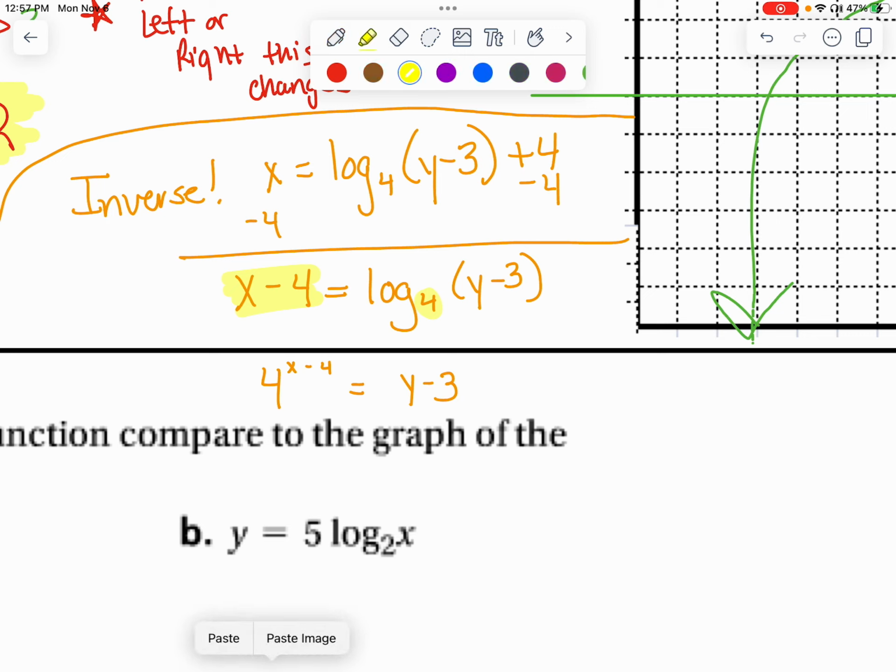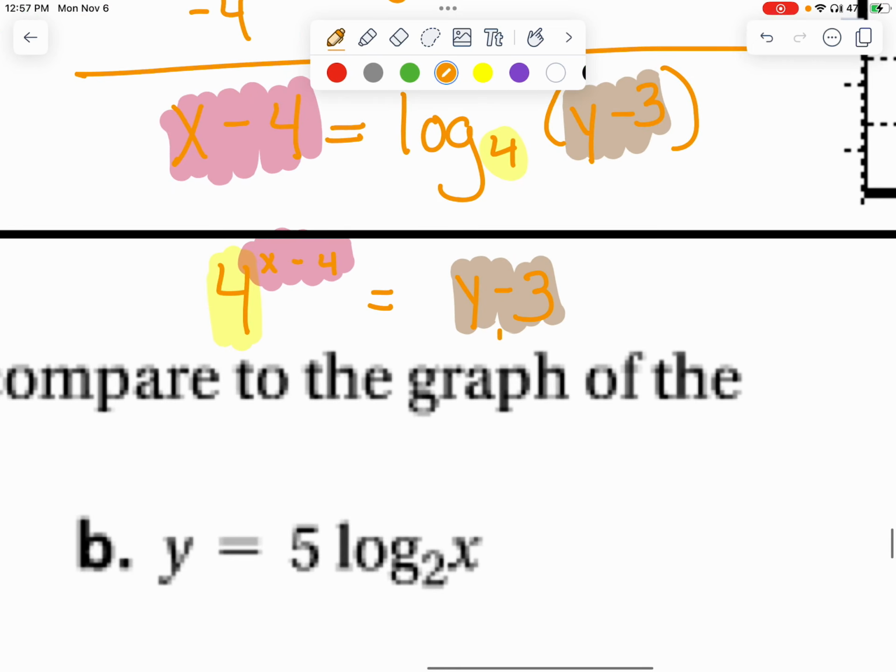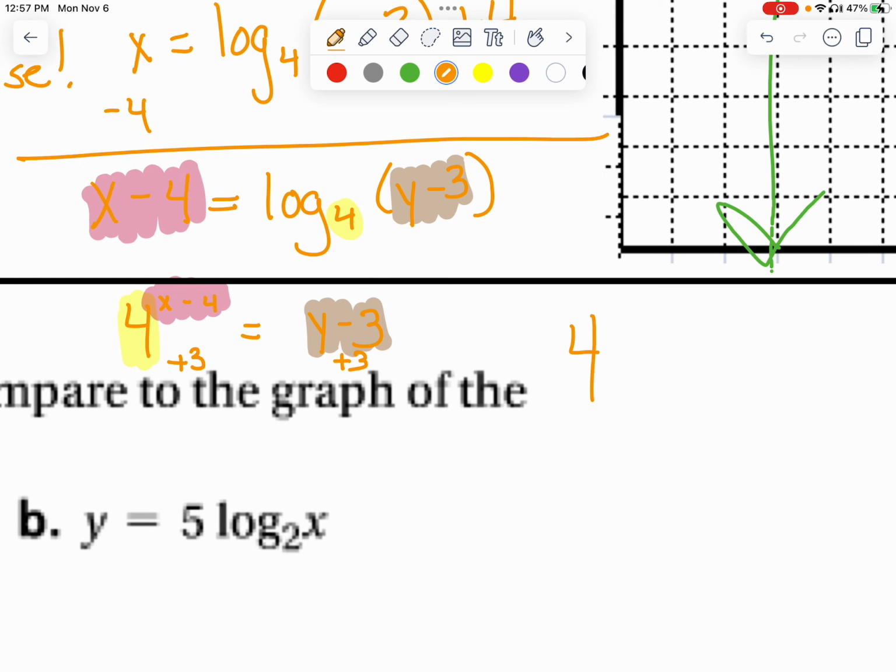So if I color code that, yellow is yellow, pink is pink, and brown is brown. The last thing we need to do is add the 3 over, and my inverse equation will be y equals 4 to the x minus 4, plus 3.